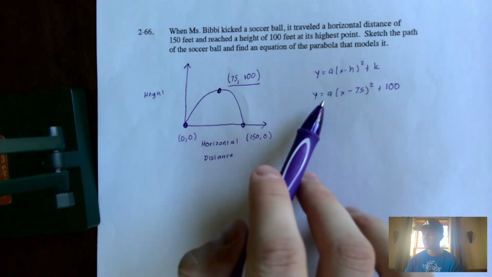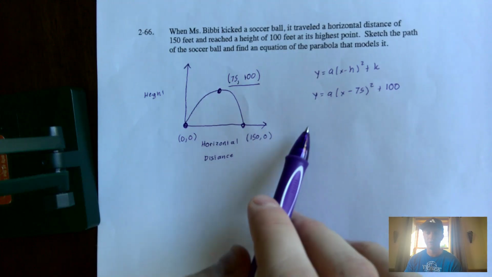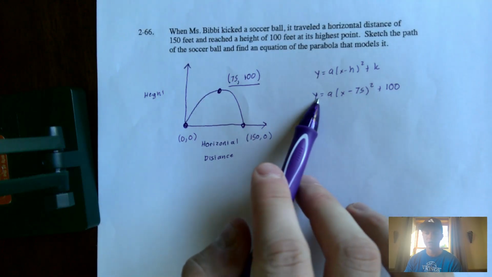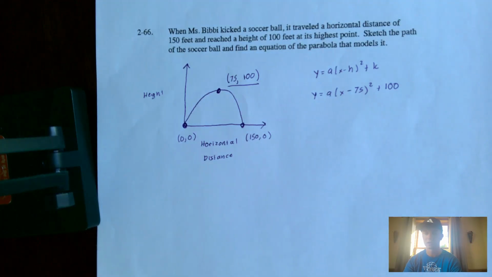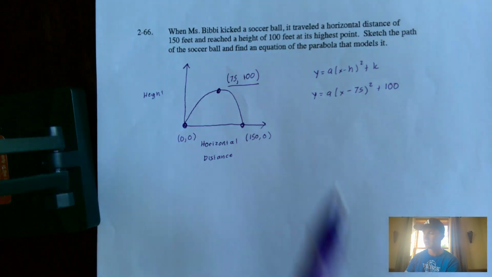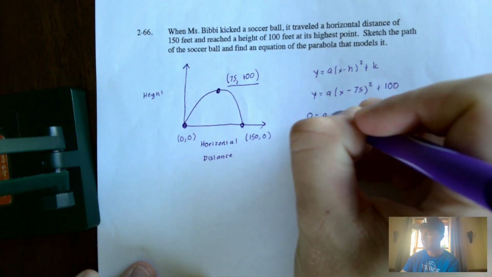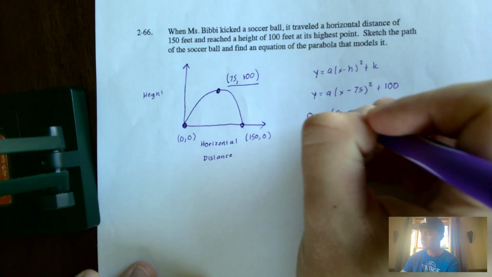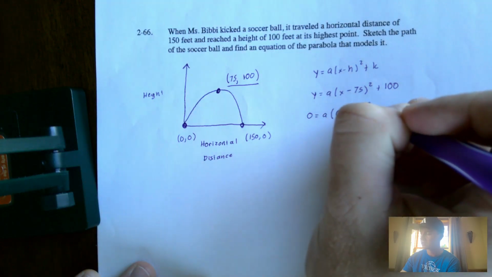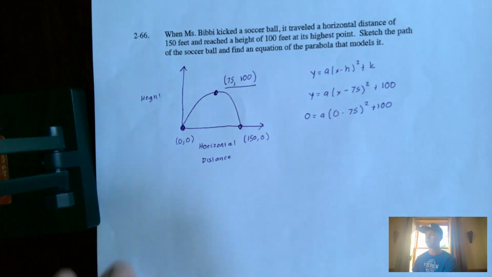Then I'm going to take my x and y points. If you want to, you can plug it all in one go. I just want you to make sure that you see where the vertex points are coming from. So I'm just going to plug in the value of y and x as 0, and then solve for a. So 0 is going to equal a times 0 minus 75, quantity squared, plus 100.